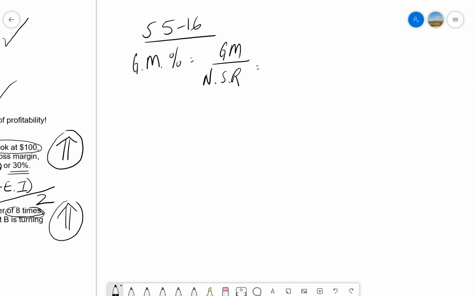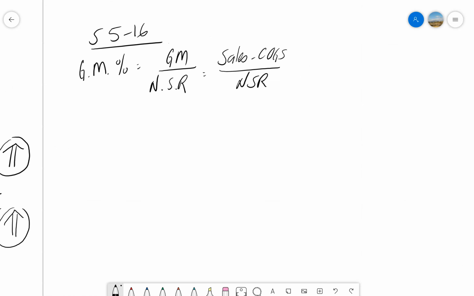And gross margin is sales minus cost of goods sold. So in this example, we're actually not told what our gross margin is, but we can figure that out by just taking our sales minus our cost of goods sold. So our sales is 66 minus 35 divided by our sales, which is 66. And so that's going to give us 31 over 66.